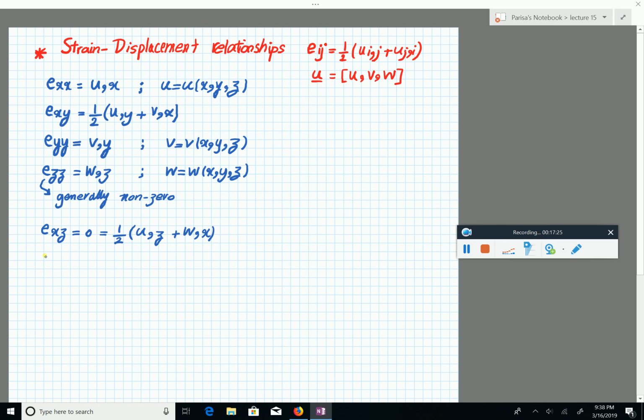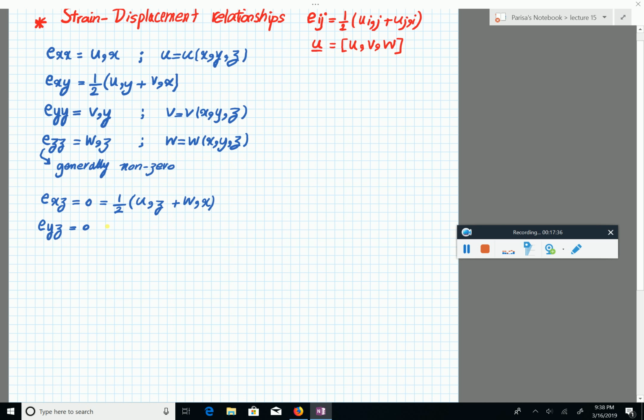Eyz, again, we saw in the previous panel that this is 0, and if you write it in terms of displacement, it would be 1/2 v comma z plus w comma y.